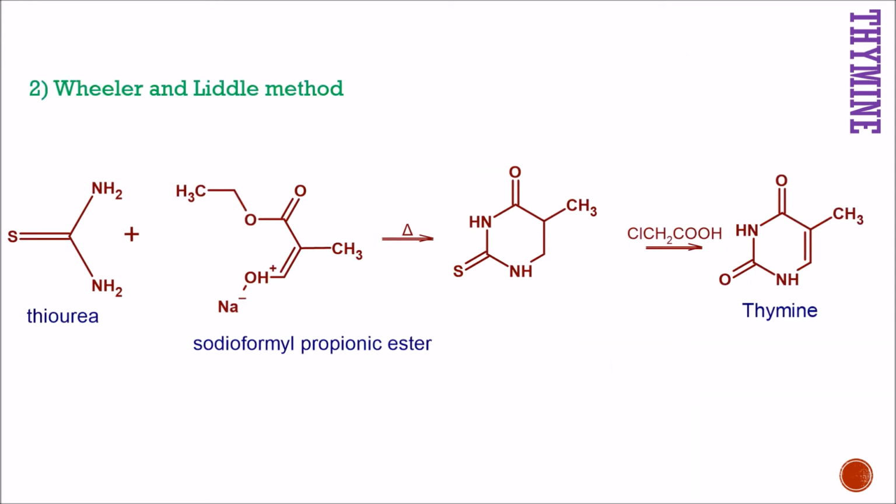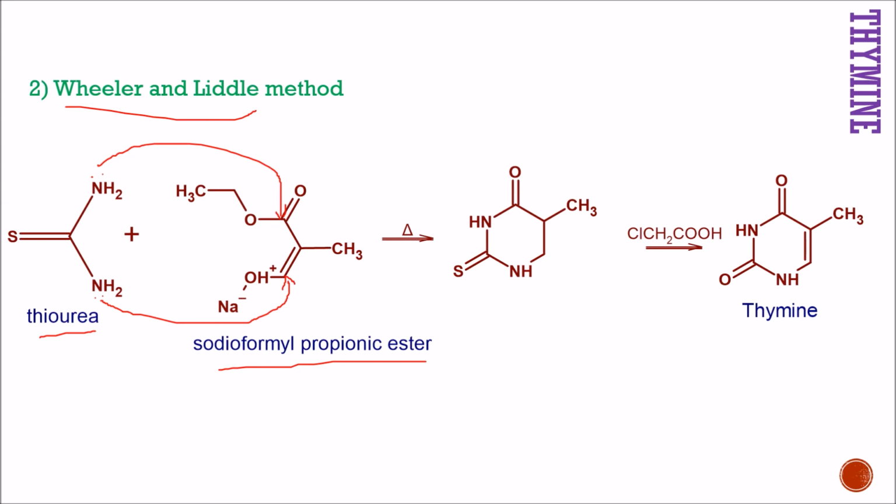Second method of formation of thymine is given by Wheeler and Liddell again. Here they have used thiourea and sodioformyl propanoic ester as a starting material. Again here also lone pairs of nitrogen is attached to the carbonyl carbon over here, and another nitrogen is attacked at the terminal carbon of this structure.